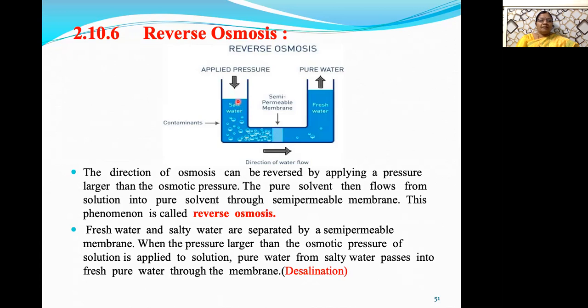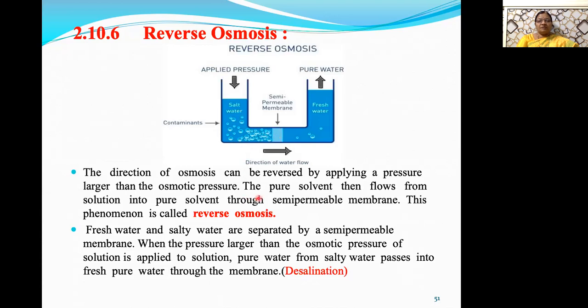This pressure is larger than the osmotic pressure. So by applying the pressure on the solution side, the flow of solvent molecules occurs from solution to solvent side through the semi-permeable membrane. That is, the direction of osmosis is exactly reversed, and therefore the phenomenon is called reverse osmosis.